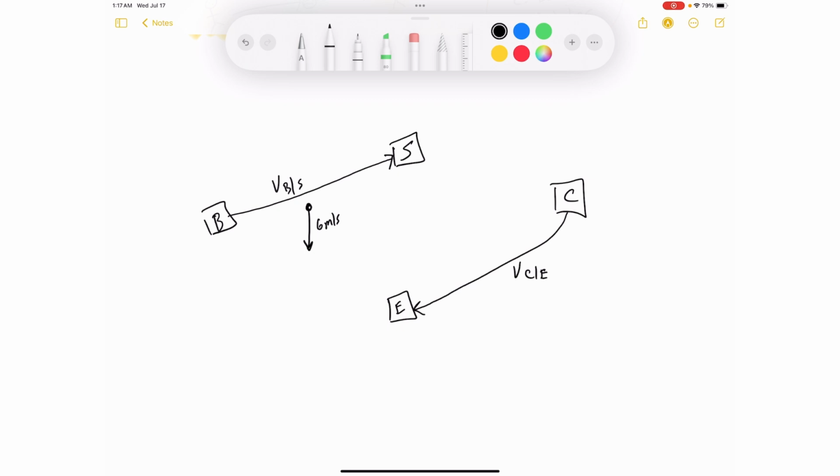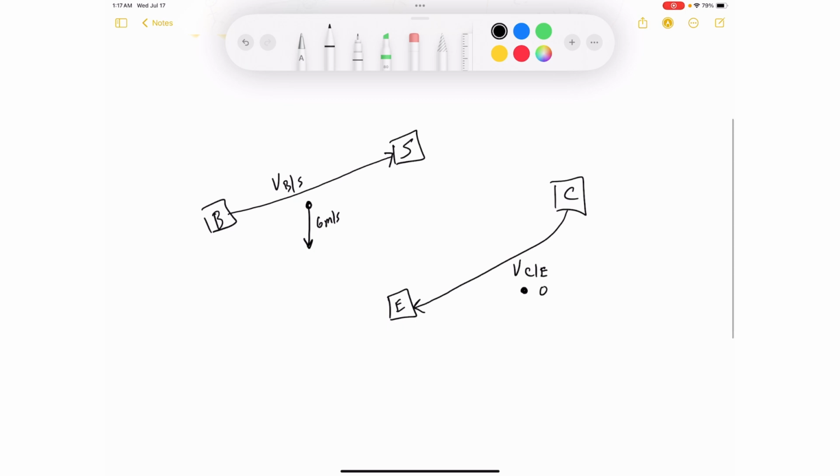So I'm going to draw a dot, meaning a zero vector. It doesn't actually have a length or a magnitude associated with it. I'm also going to write next to it 0 meters per second, just to be obvious. The dot represents the zero vector, and the magnitude of this vector is 0 meters per second. So that's the velocity of the catcher versus the earth, meaning he's not moving.